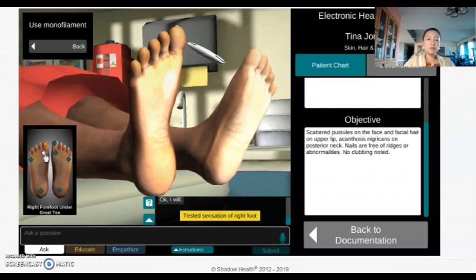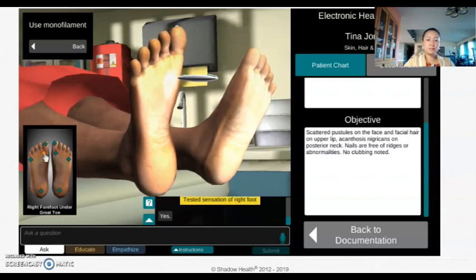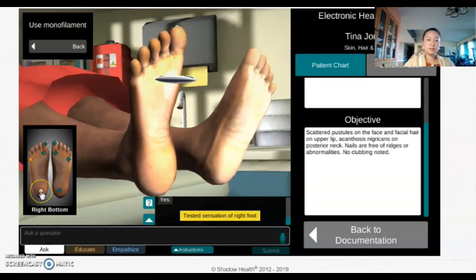Moving down to the forefoot under the great toe. To the right forefoot. And to the bottom right foot.